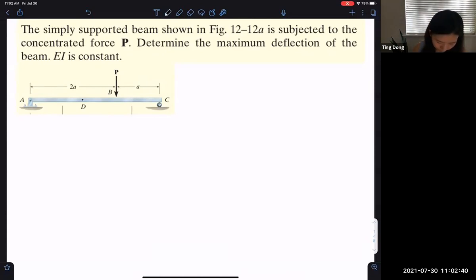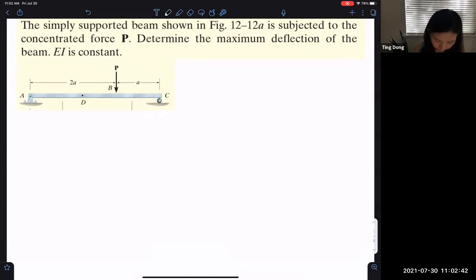For this one, first the reaction forces. Can anybody tell me what the reaction forces at A and at C are?